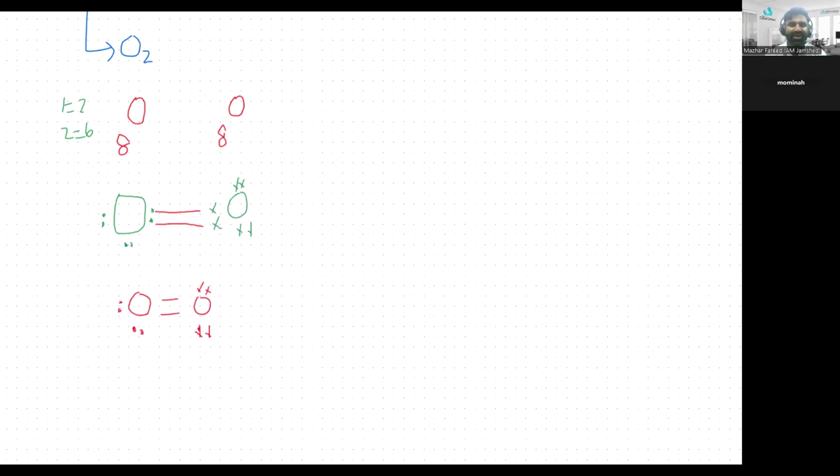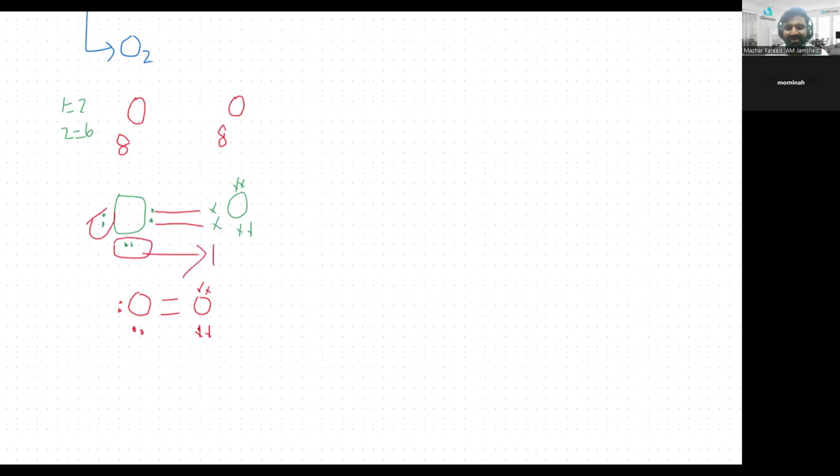These are called bonding electrons. The electrons that form a bond are called bonding electrons. And the valence electrons that do not get involved in the formation of any bond are called non-bonded electrons. These non-bonded electrons are also called lone pairs.